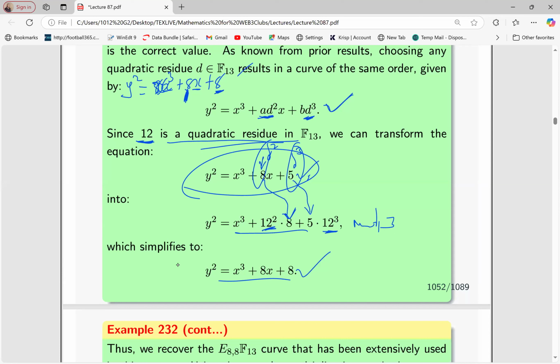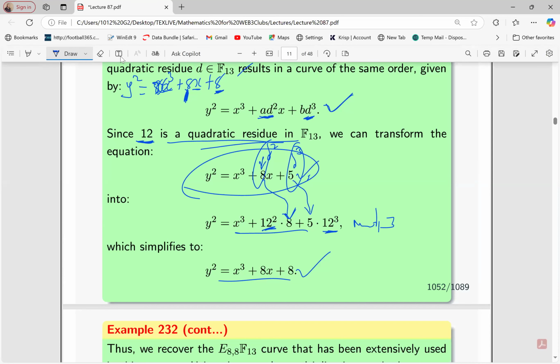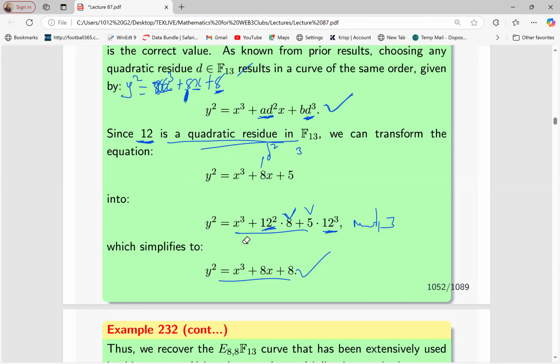So you just use your code for getting quadratic residues, pick any quadratic residue there, multiply by your curve, and get another curve. So that is how you do it. If you wanted y squared is x cubed plus 8x plus 8, this is how you would have done it.